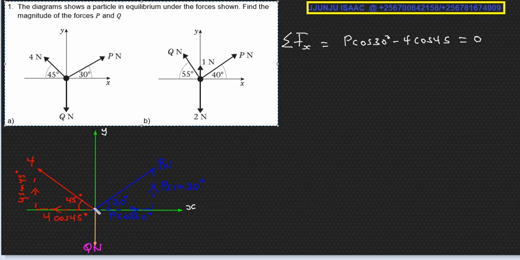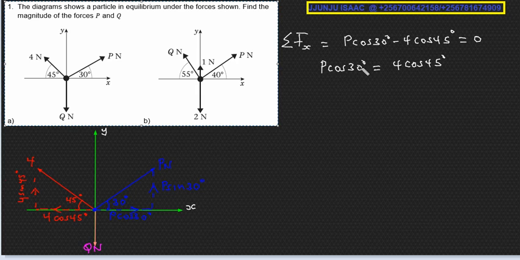It can't go to the right and can't go to the left. So when you sum up all the forces, we must get 0. Or forces to the right will be equal to the forces to the left. So in this case, P cos 30 degrees is equal to 4 cos 45 degrees.